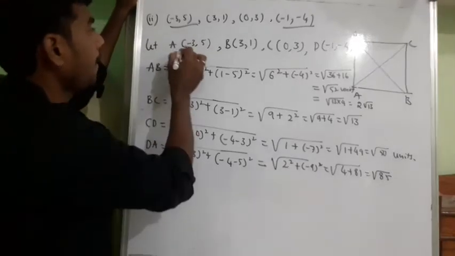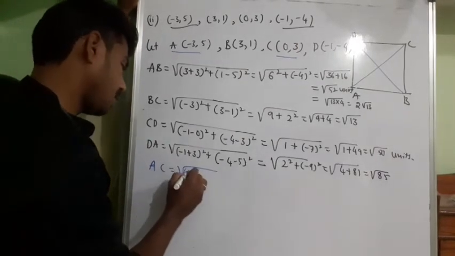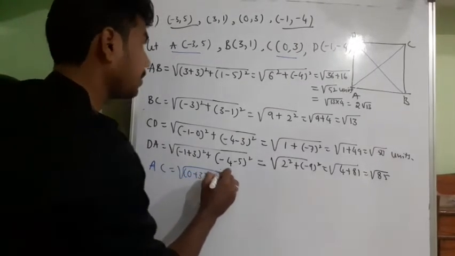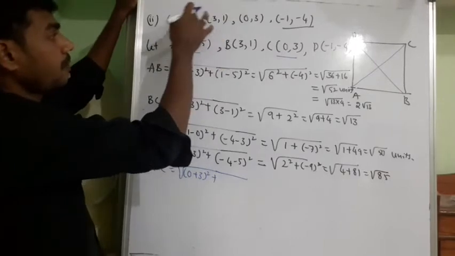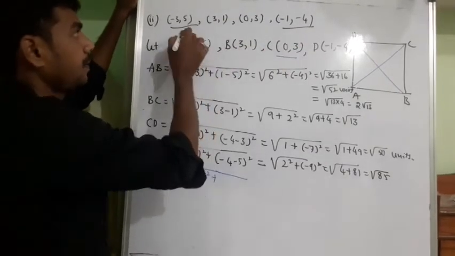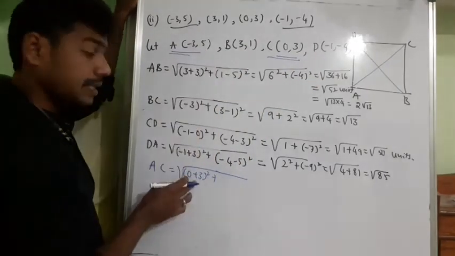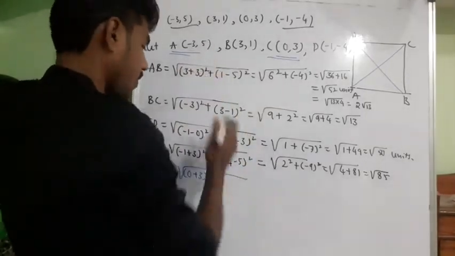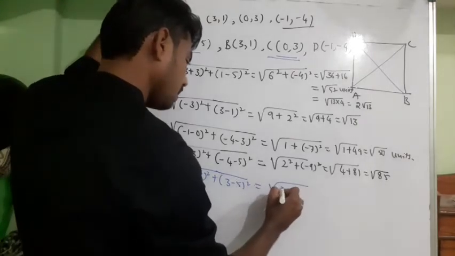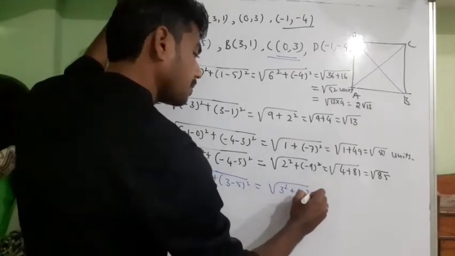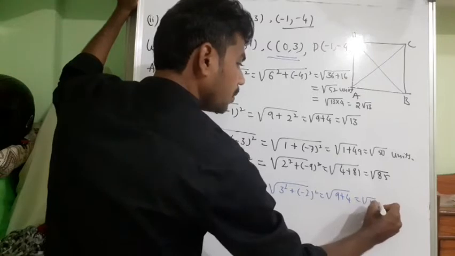We are talking about A and C. 0 minus of minus 3 is 0 plus 3 whole square, next, 3 minus 5 whole square, which is equal to 3 square plus minus 2 square, which is equal to 9 plus 4, which is equal to root 13 units.